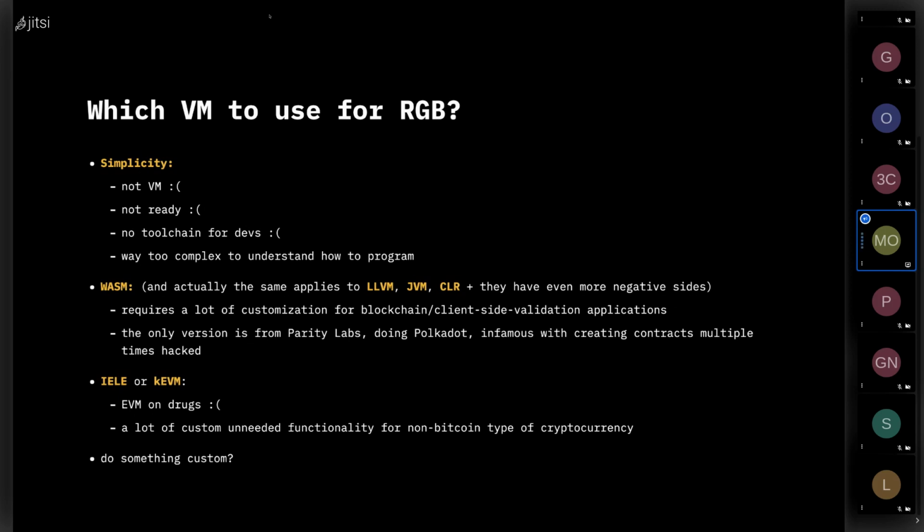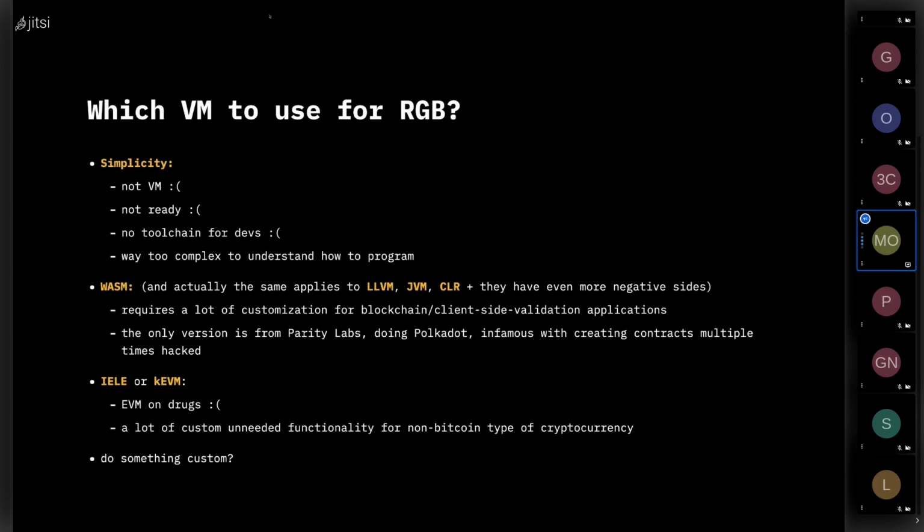So shall we use them? Well, it's basically the same old EVM way, which we are not really looking into being compatible with, because even if we will have EVM, the logic of client-side validated contracts is so different from the Ethereum contracts that you can't migrate them, even if you are bytecode compatible. You can't migrate the contracts. And most of all, we would like to prevent developers from writing smart contracts using such systems.